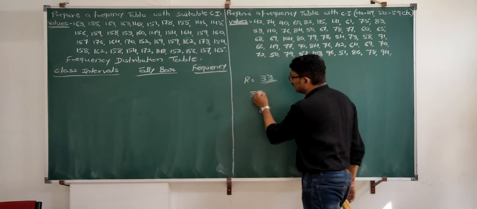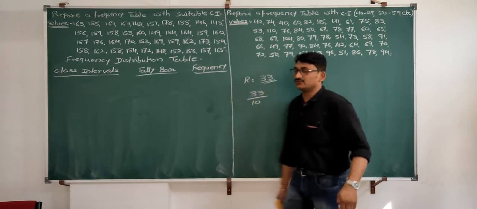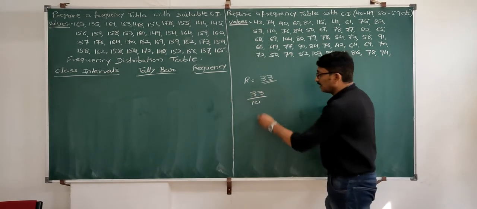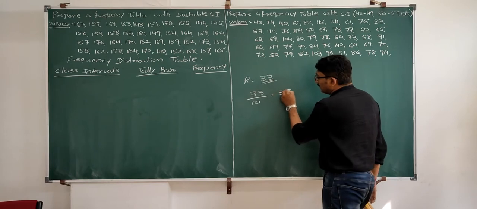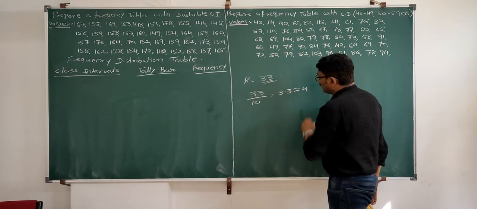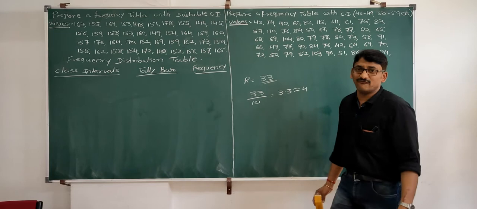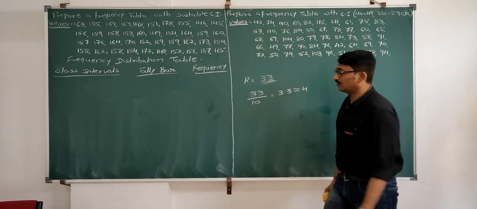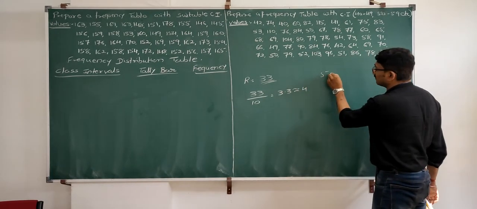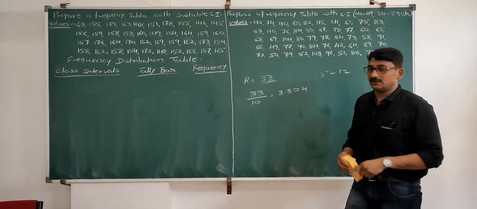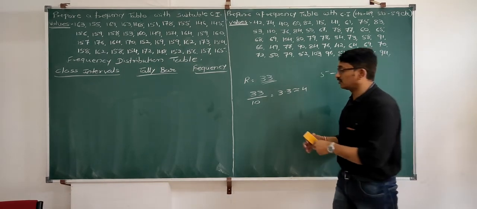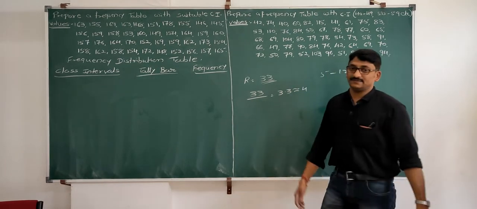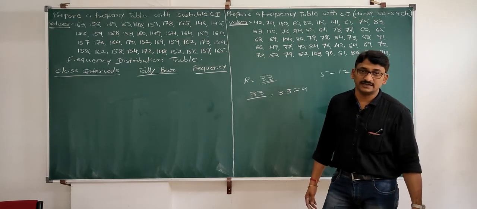Then I divide this 33 by my assumed difference, 10. I will get 3.3, so maximum 4 classes. But our limit is 5 to 12. Now 4 is below the limit, so we cannot take the difference of 10.